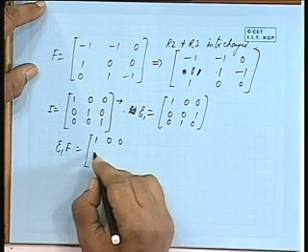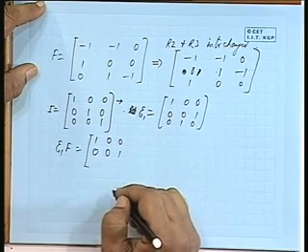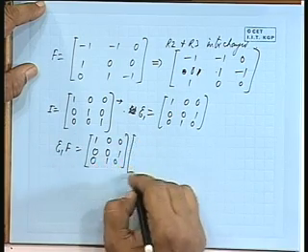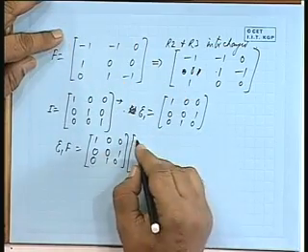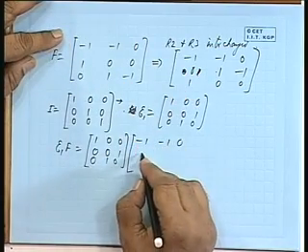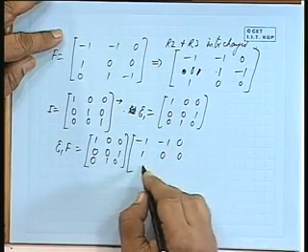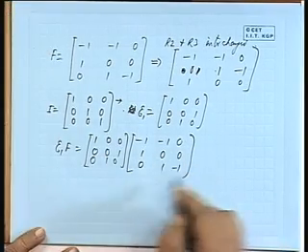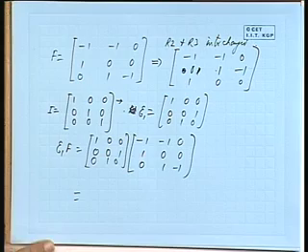1, 0, 0, 0, 0, 1, and then 0, 1, 0 multiplied by minus 1, 0, 1, 0, 0, 0, 1, minus 1. Okay. What will be the end products?